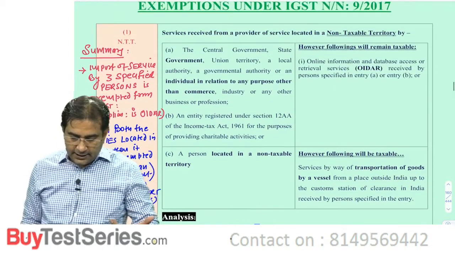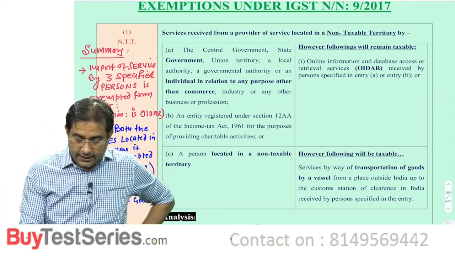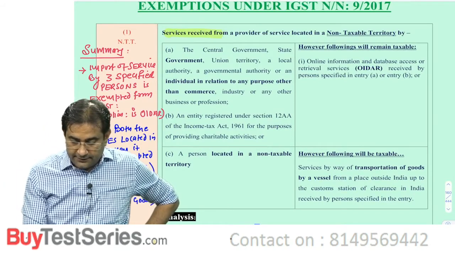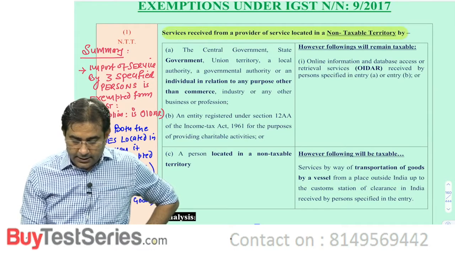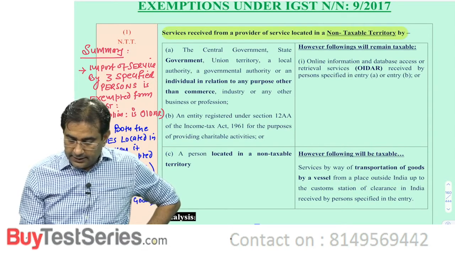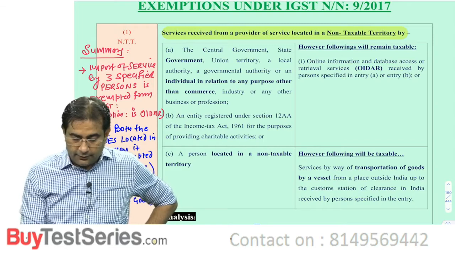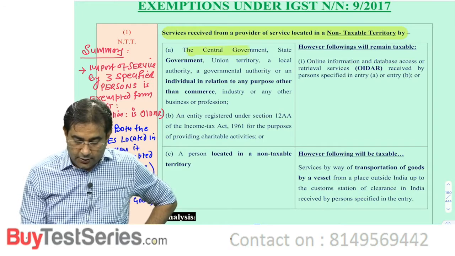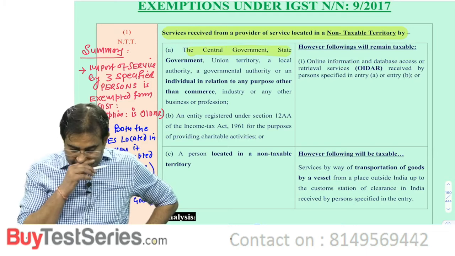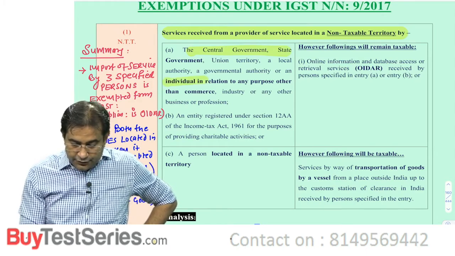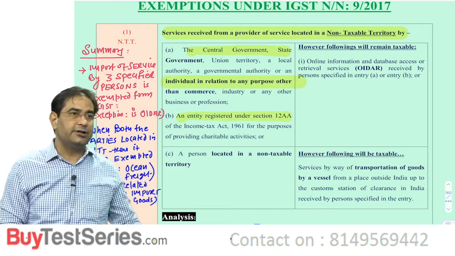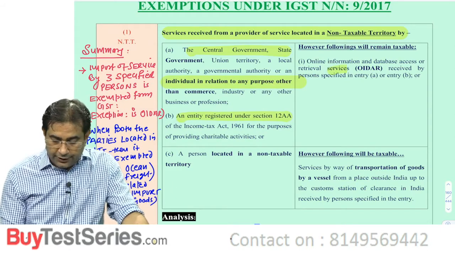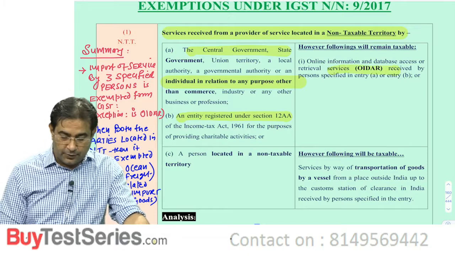And here is the legal text thereof. Service received from a provider of service which is located outside India and in non-taxable territory by the service recipient: government departments, an individual for personal use, and charitable trust. These are the 3 specified persons, and OIDAR is the exception of this point.